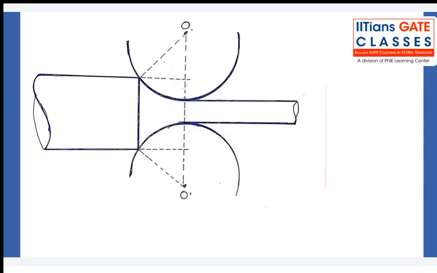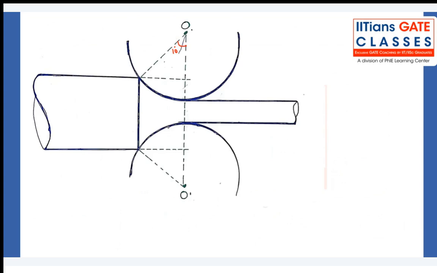Let us move on. I have a diagram here. I know that alpha, the bite angle, is 10 degrees. Now we will also try to draw the sustaining angle.